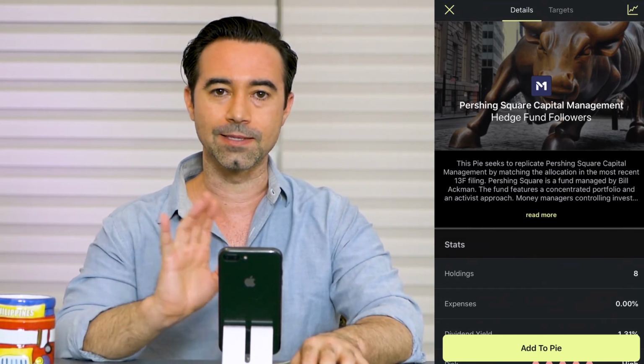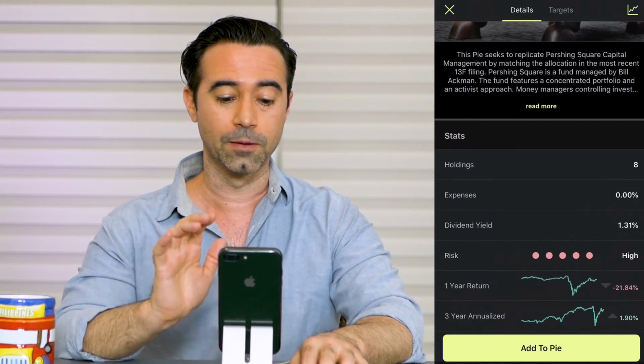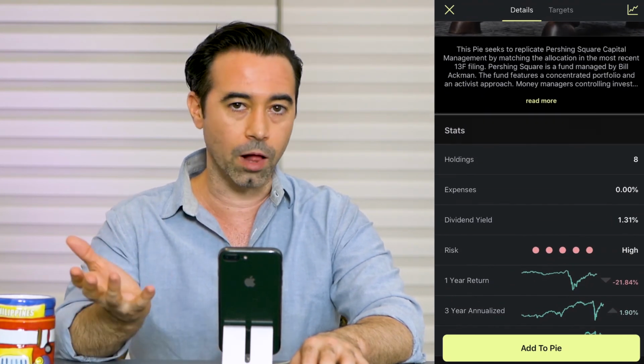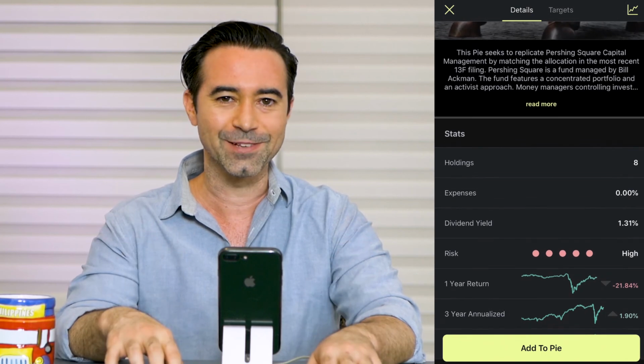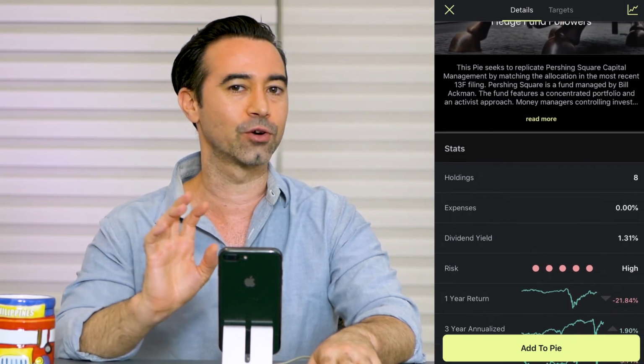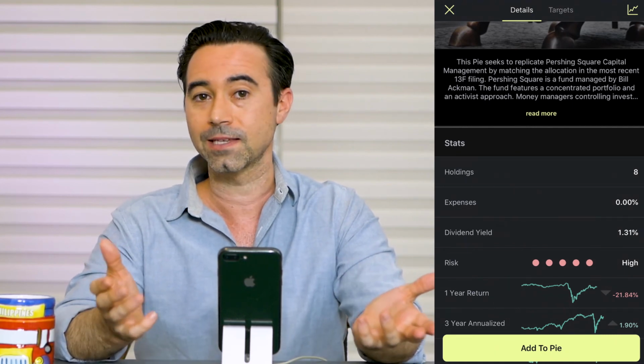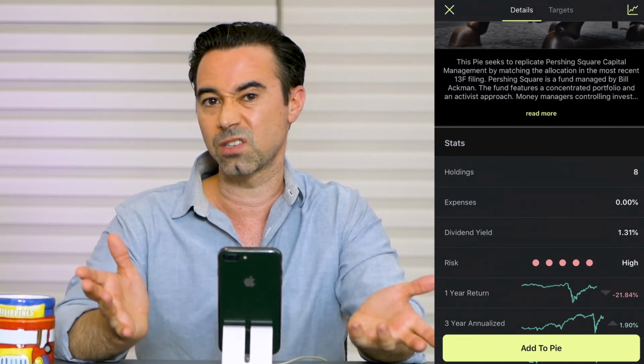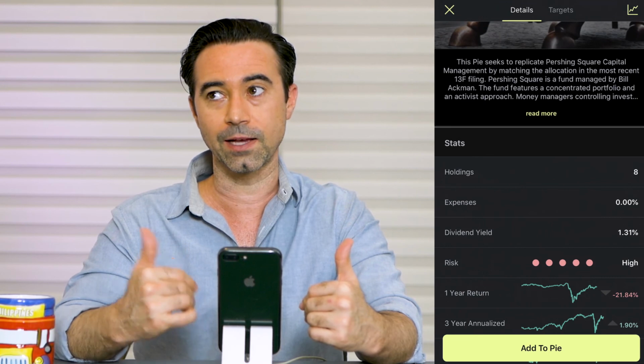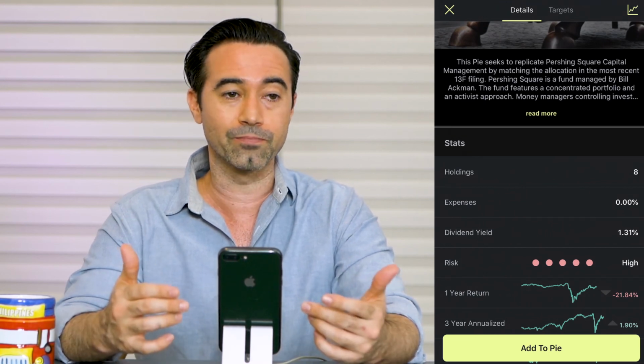So Bill Ackman is the hedge fund manager of Pershing Square. He's a baller. He's a hedge fund titan, and he's had a great track record, and he's had bad years. Lately, the past maybe 2 years, he hasn't done so great. But this year, and actually last year, he's doing pretty great.